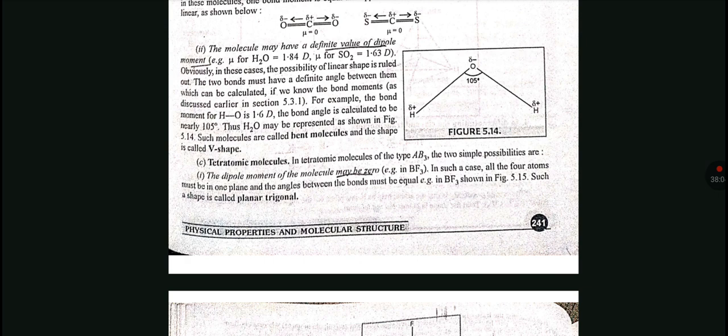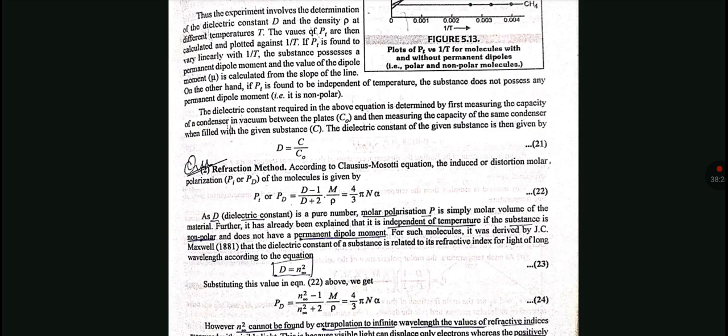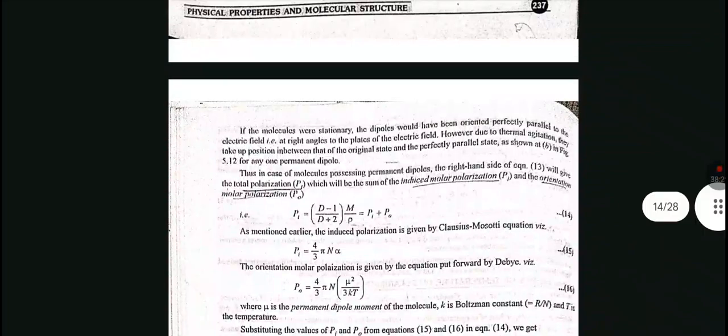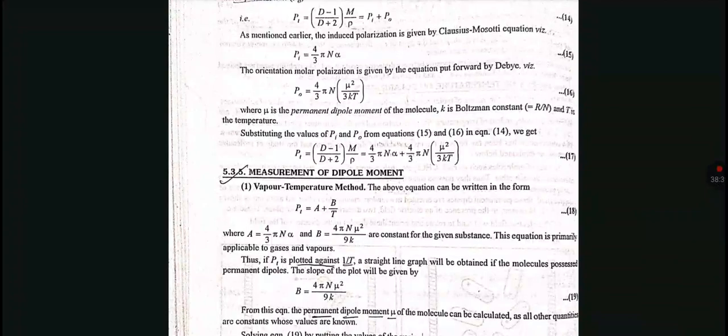Tetratomic molecules. In tetratomic molecules of the type AB3, there are two possibilities. The dipole moment of the molecule may be 0.